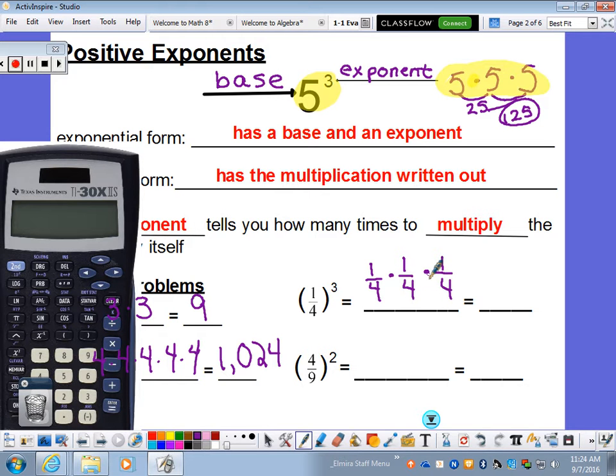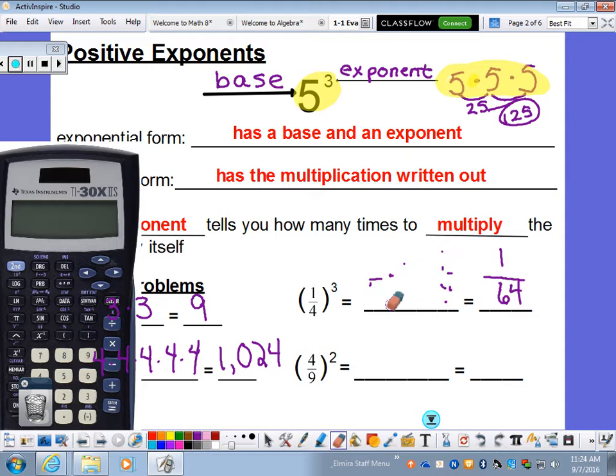And if you remember from elementary school, you multiply 1 times 1 times 1 and you get 1. And 4 times 4 is 16, and 16 times 4 is 64. So 1 over 64. Okay, so that's one possibility of how you could write it out.